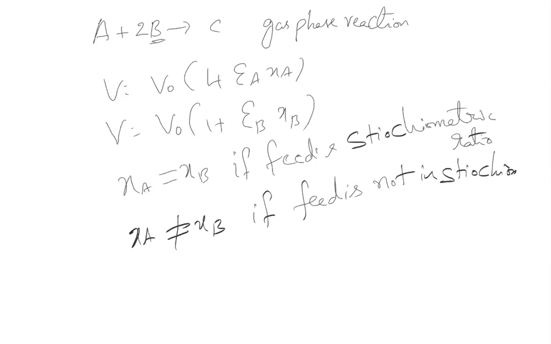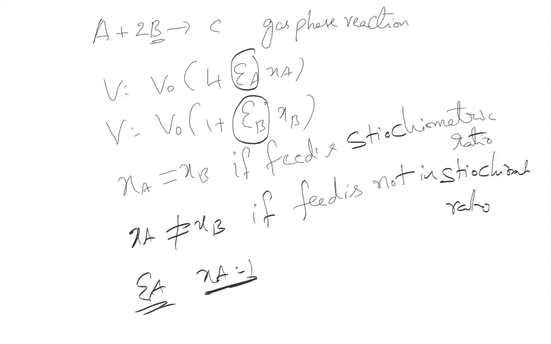I think we have solved this many times. How do you calculate εA? Take XA equal to 1, as if all A converts, and calculate the moles. Similarly, how do you calculate εB? Take XB equal to 1 and calculate the moles at 100% minus the moles at 0%. That is how you have to solve for εA and εB.